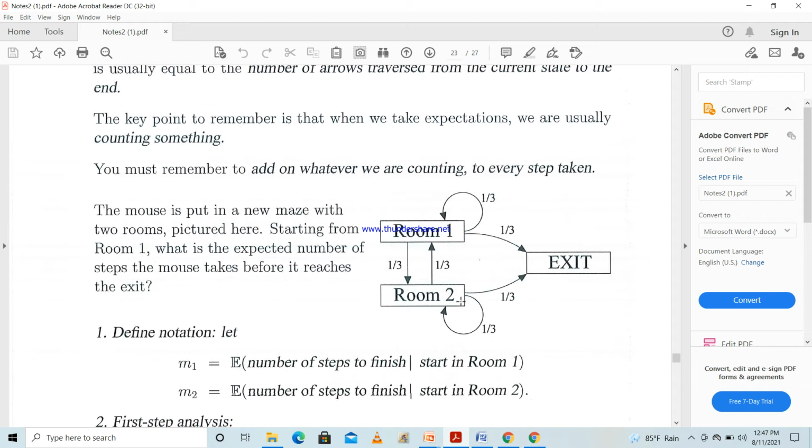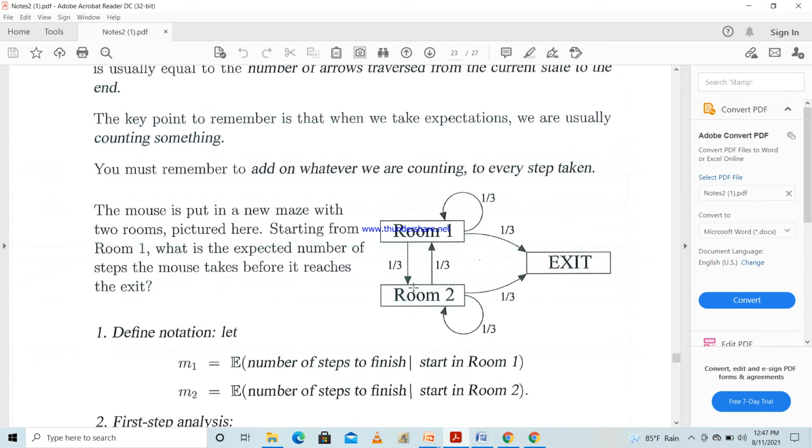And if you look at room number 2, again you have 3 paths. If you use this path, the probability is 1/3 and you will end up in room number 1. If you use this path, again the probability is 1/3 and you can exit. And if you use this path, again the probability is 1/3 and you will come back to room number 2.